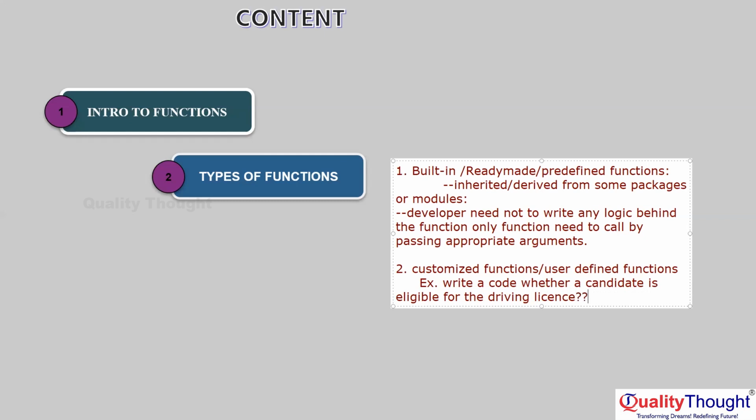Have you seen any function which already validates driving license eligibility? Do you have any built-in functions in Java, C, C++? I think no. For all purposes, we don't have a built-in function. So we write our own functions, which validate whether the candidate is eligible or not.